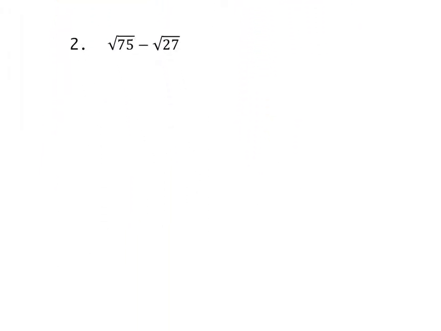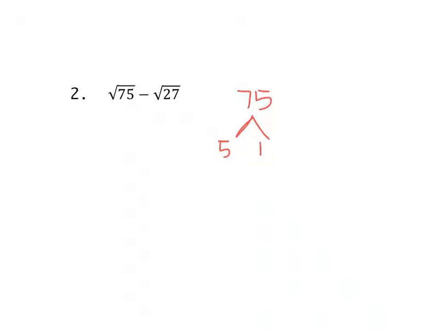Let's look at number 2. The same rules go with subtracting radicals, so we have to have the same thing underneath. Let's do a factor tree for 75. What are some factors of 75? We have 5 and 15. Are either one of those prime? Yes, 5. But we can break down 15.